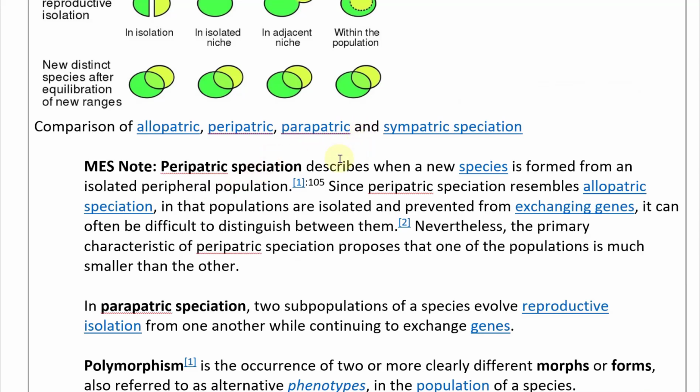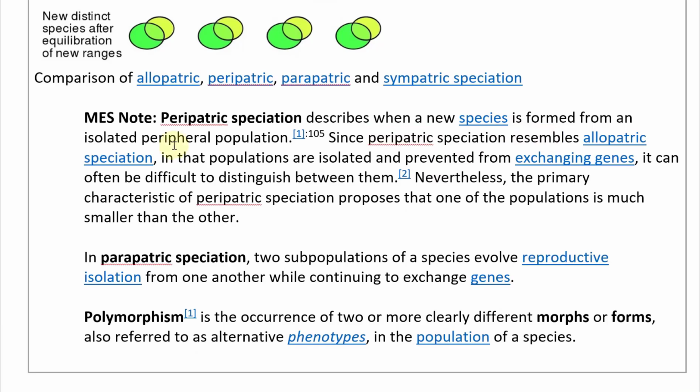So peripatric speciation describes when a new species is formed from an isolated peripheral population, or from the outer edges. Since peripatric speciation resembles allopatric speciation in that populations are isolated and prevented from exchanging genes, it can often be difficult to distinguish between them. Nevertheless, the primary characteristic of peripatric speciation proposes that one of the populations is much smaller than the other.